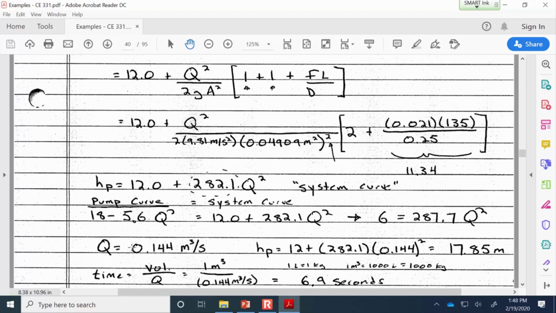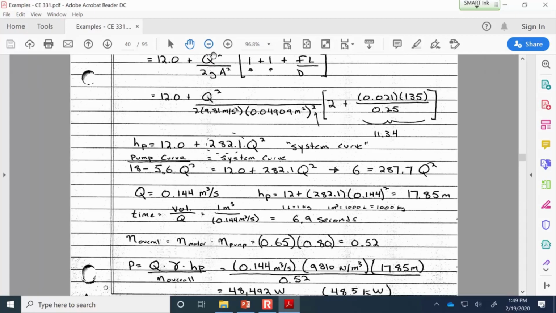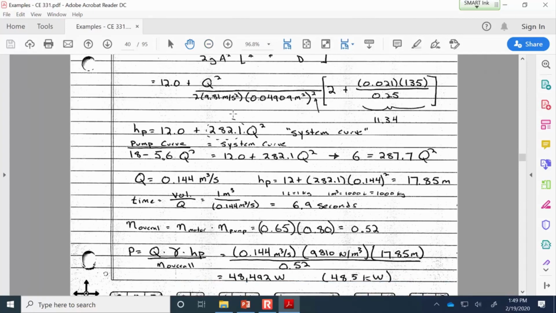And if we're trying to figure out at this flow rate how long it will take to pump a volume of 1 cubic meter, then the time required to pump that volume is volume divided by Q. So 6.9 seconds it's going to take for the pump to lift a ton. And then the second part of the question is asking about the electrical requirements.